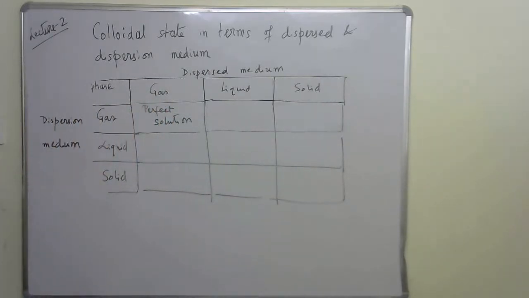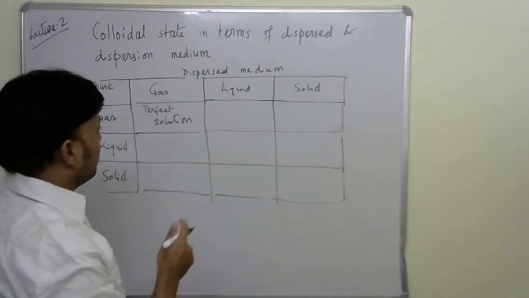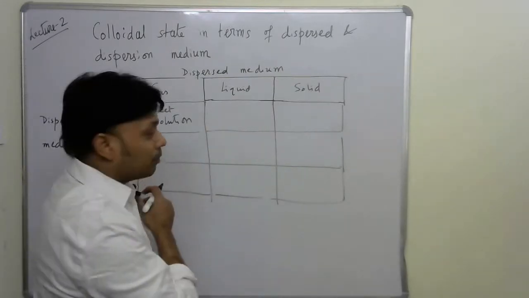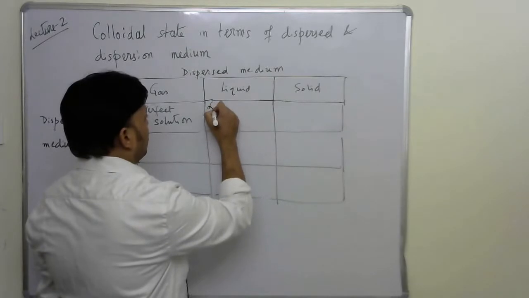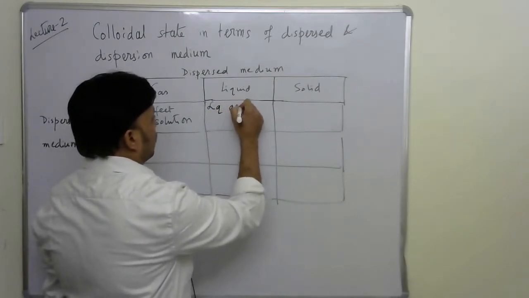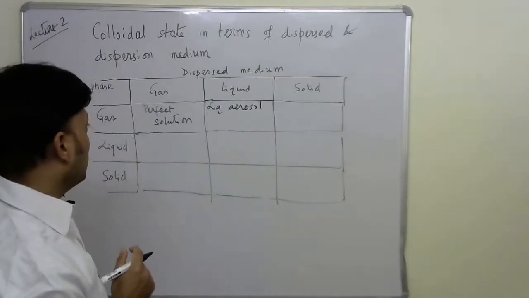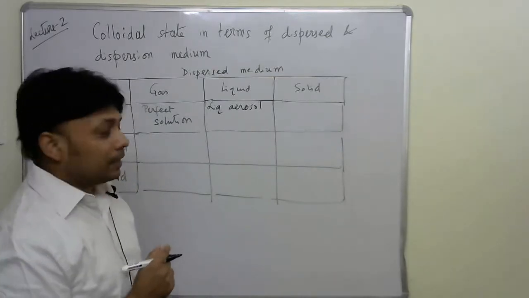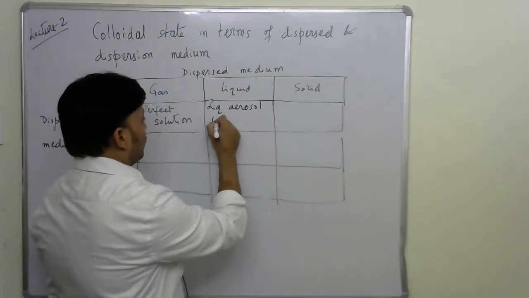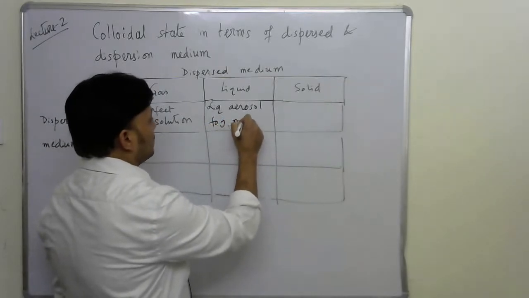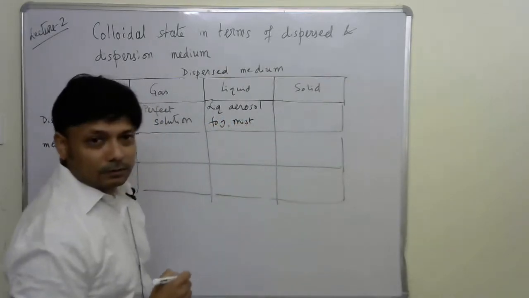What is this type of colloid called? This is called liquid aerosol. That means small liquid droplets. The examples are fog, mist, etc.